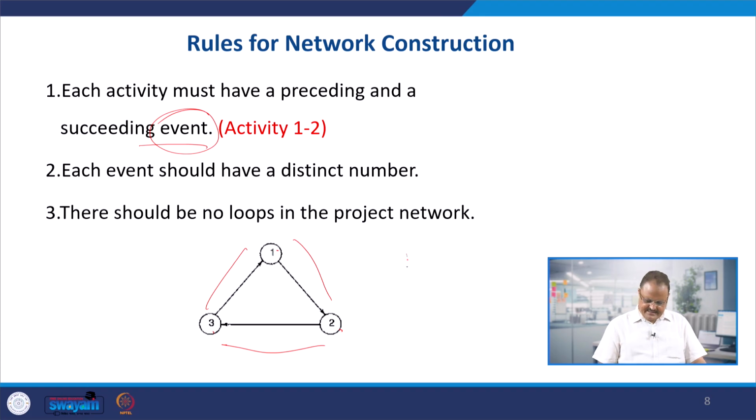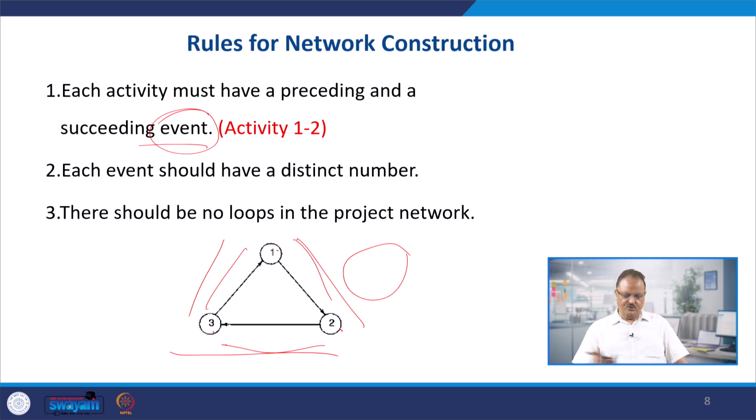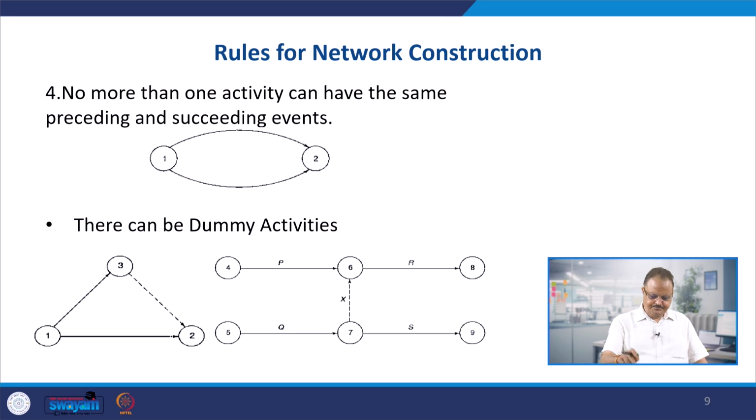So, we are just creating a circle kind of thing. Within that circle, we are roaming. We are not able to proceed further. So, we are creating a loop kind of structure, and these loops are not allowed. This is an incorrect structure, so we have to avoid it. This must be a forward looking structure or backward looking structure, not a circle where you are revolving around and not reaching anywhere at the end of the day.